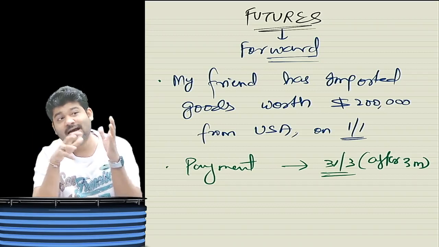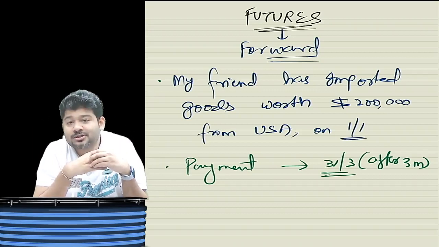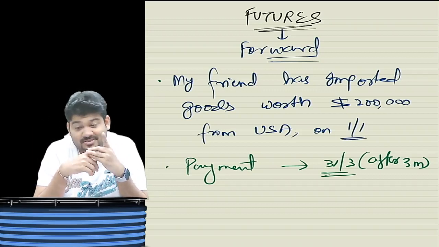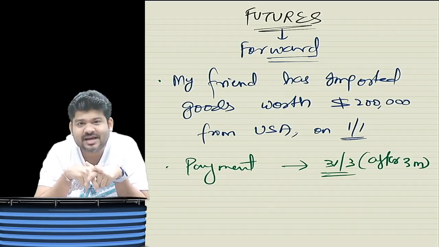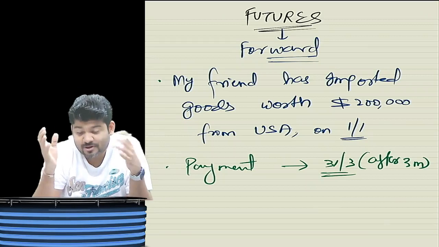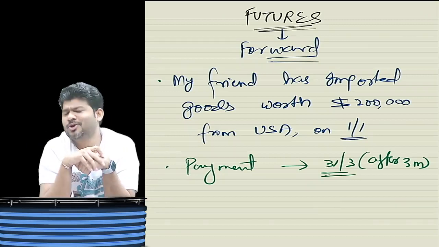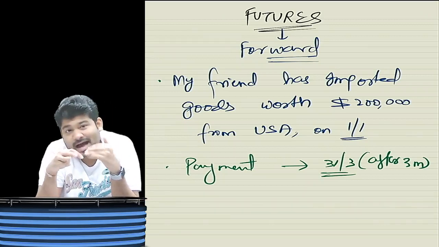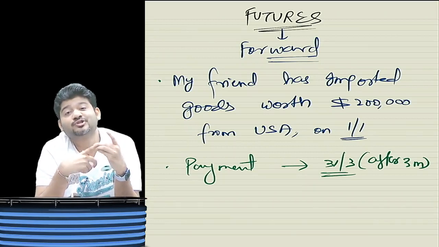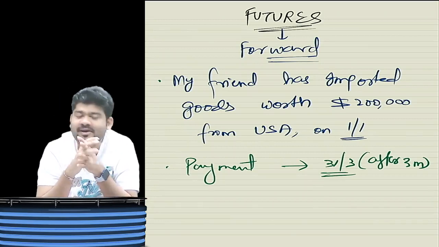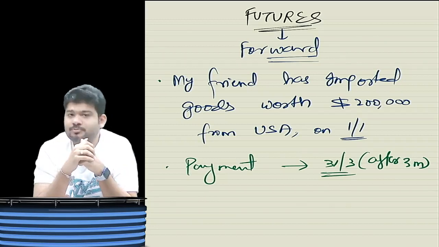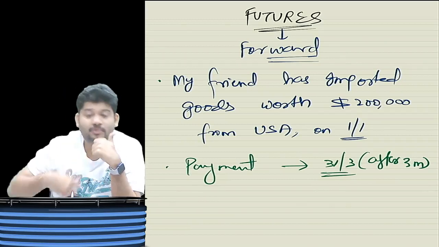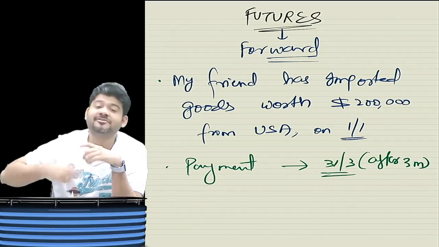I have imported goods worth $2 lakh from the United States of America, and I've done it today, 1st of Jan. You ask, when are you planning to make the payment? He says, I'm not in a hurry, I have to make the payment on 31st of March. Very good, friend. Good that you have started import export and imported $2 lakh worth of goods, and payment will be done after 31st March.